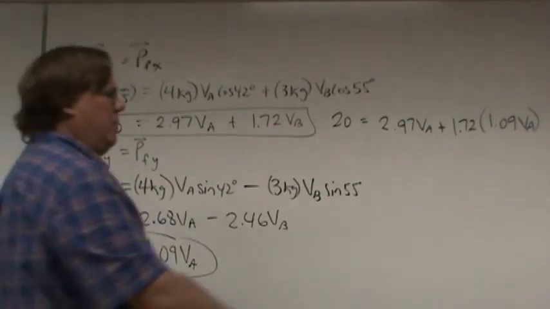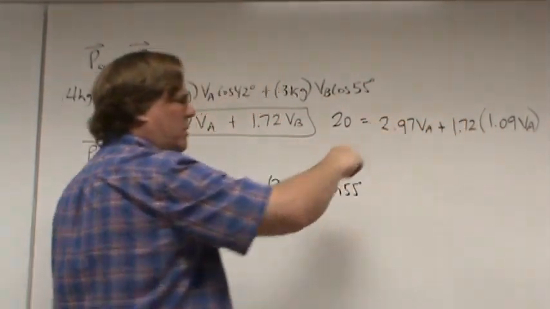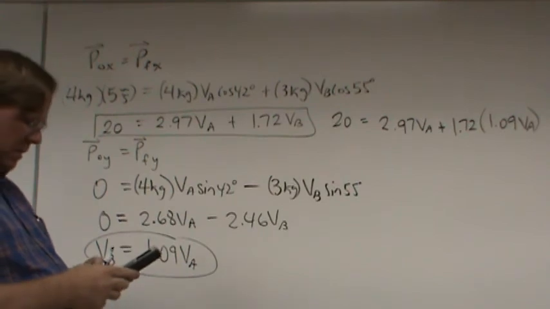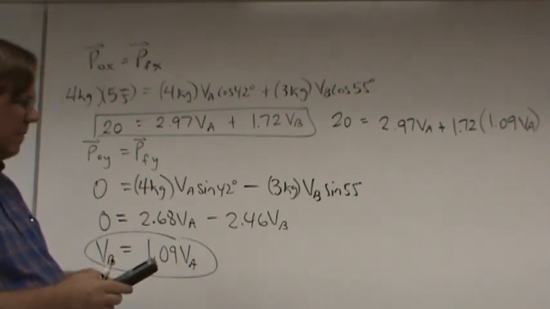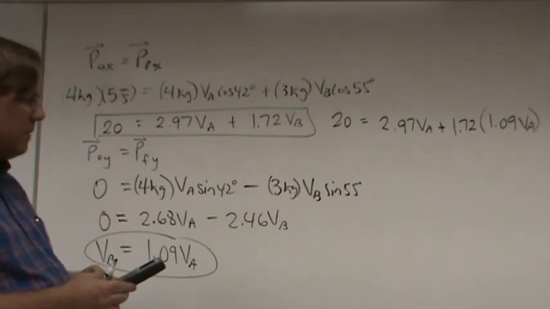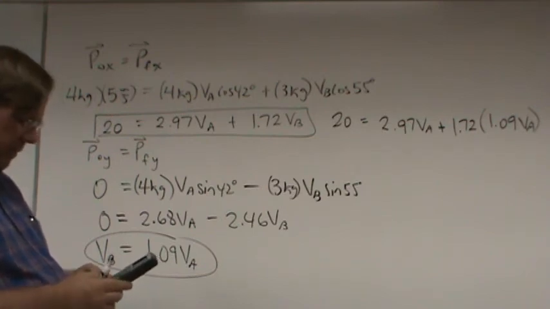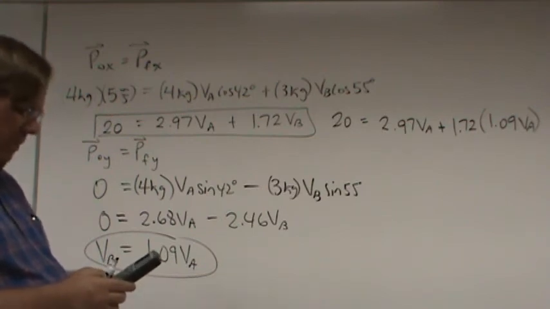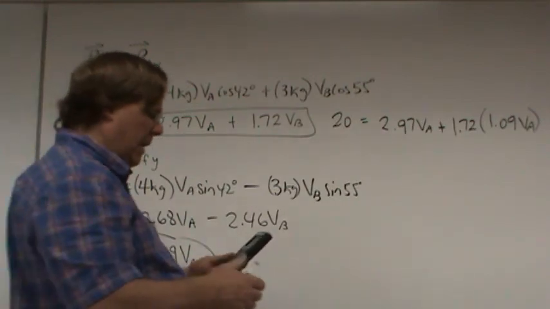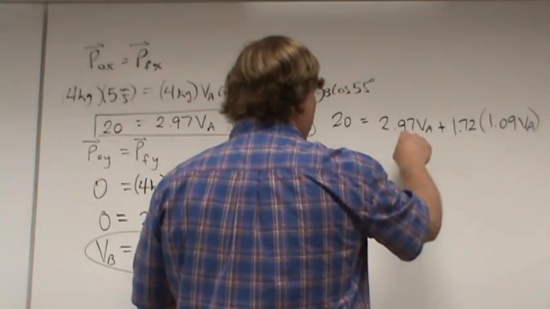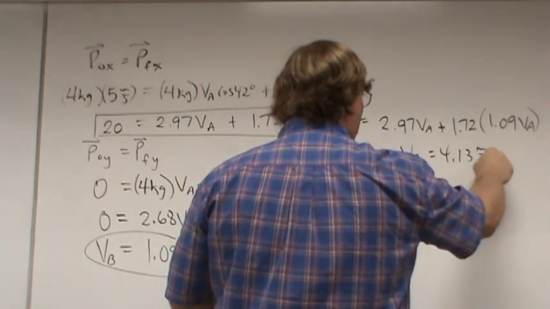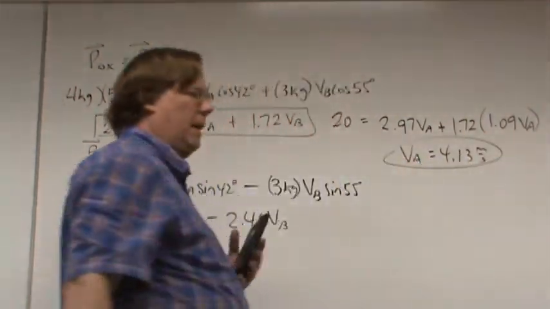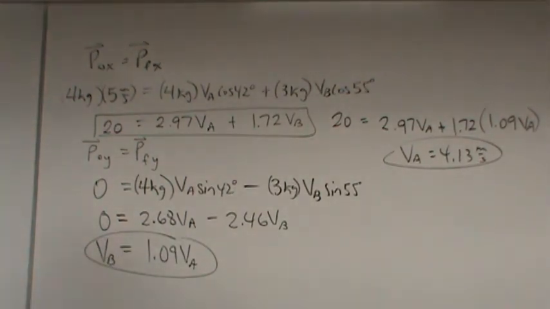So the next thing I'm going to do is add like terms and then divide both sides by the coefficient. And I got 4.13. And now that I have VA, I can find VB.